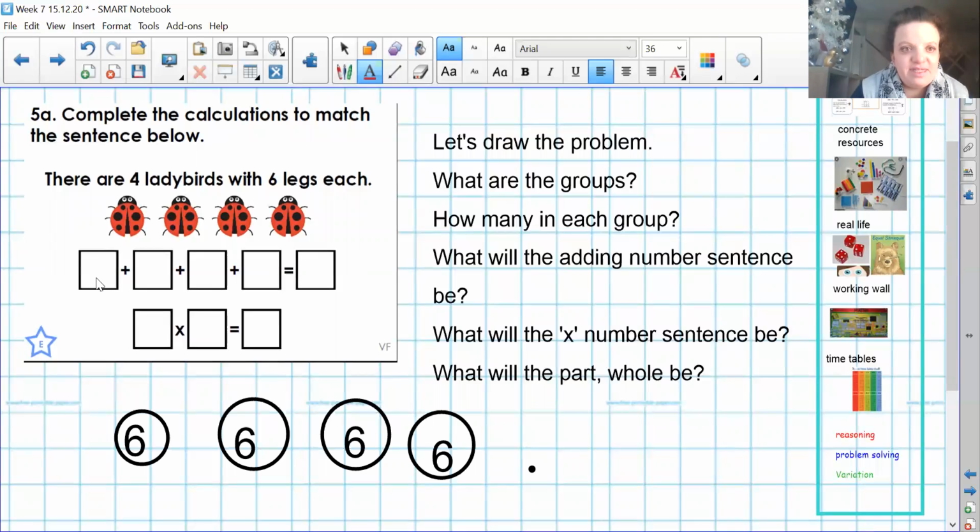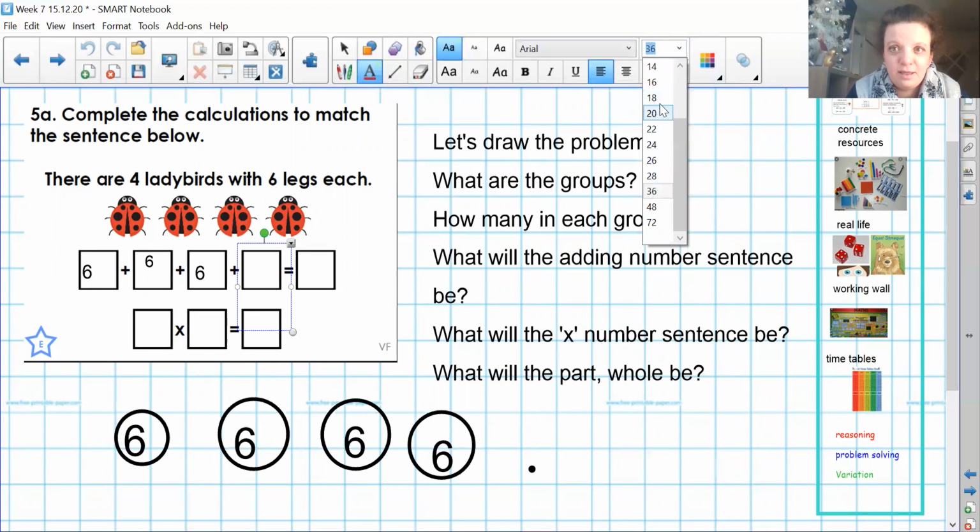So my add-in number sentence is going to be individually adding these 6. We've got 6, add another 6, add another 6.